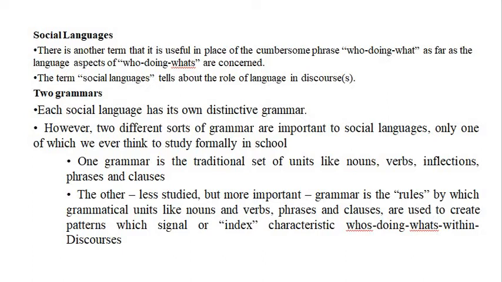That is, we speakers and writers design our oral or written utterances to have patterns in them, by virtue of which interpreters can attribute situated identities and specific activities to us and our utterances. So students, we may call this grammar 2.